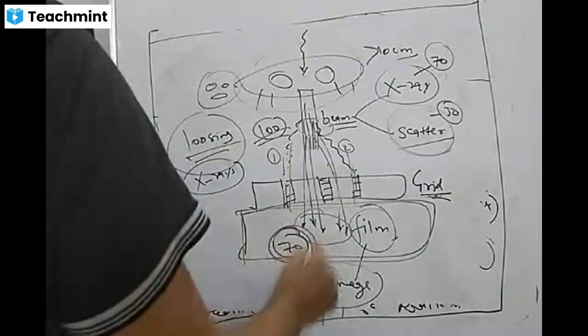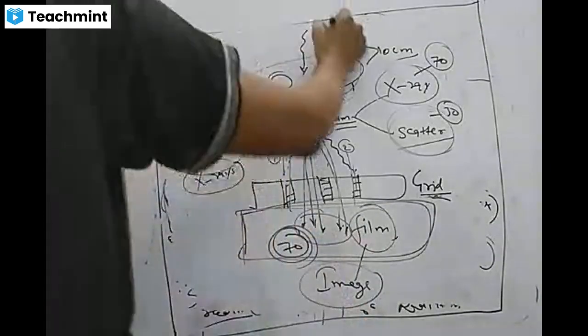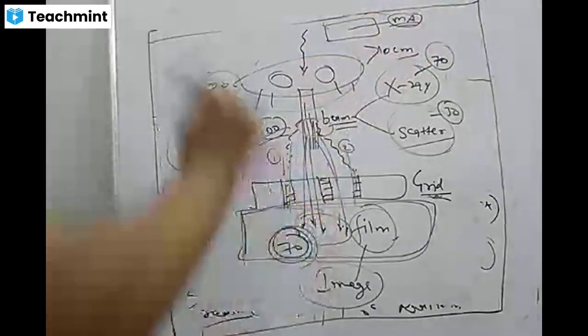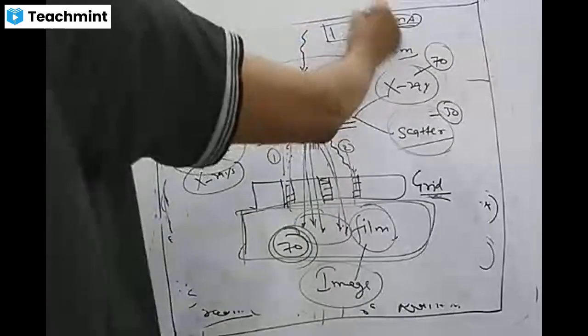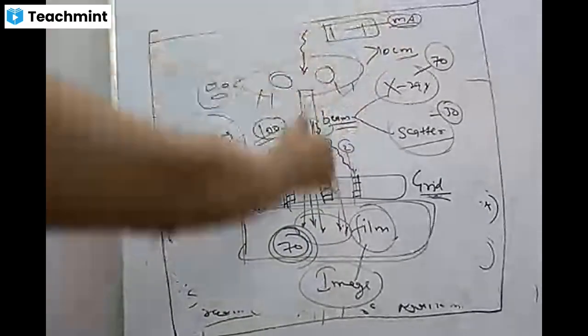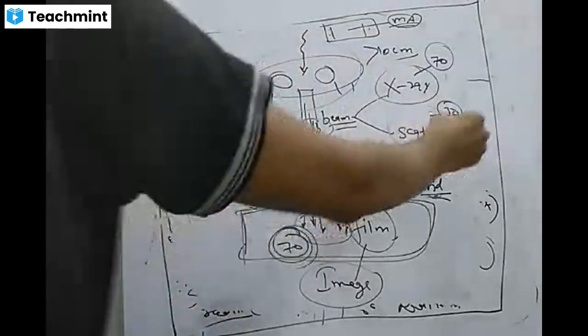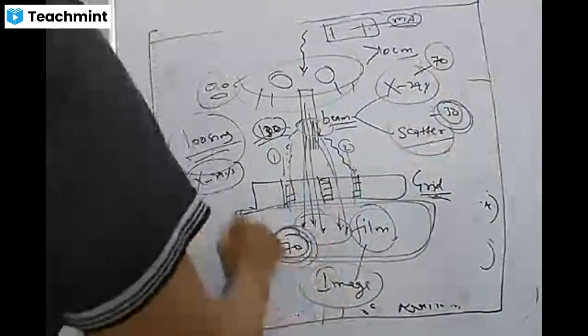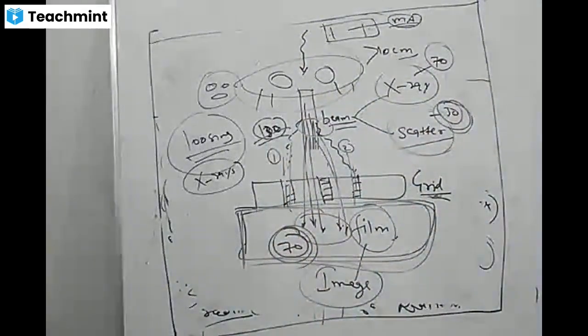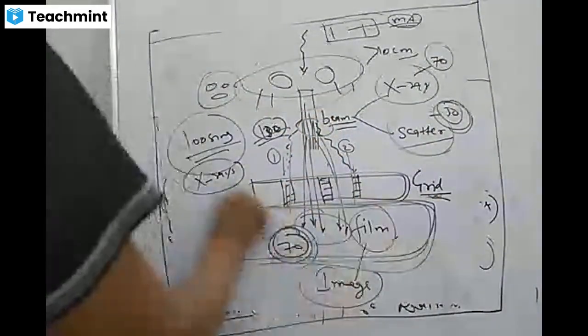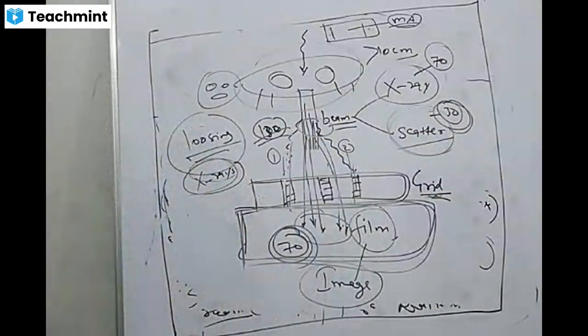To make 100 reach the film, we have to increase milliampere so that more electrons move from cathode to anode and more X-rays come. Suppose 130 comes, out of 130, 30 are scatter and 100 will reach the film. So by using grid, we are losing some of the X-rays, and to compromise that, we have to increase our exposure.